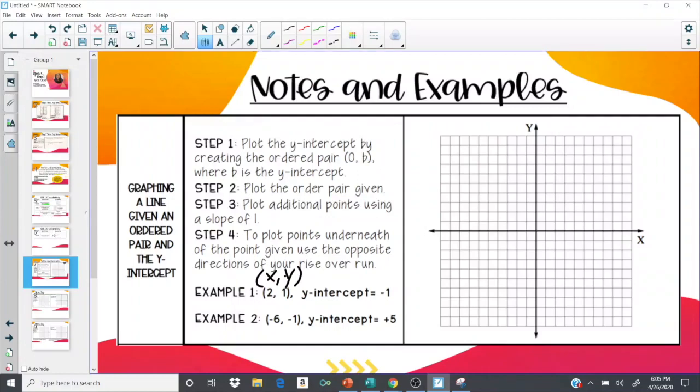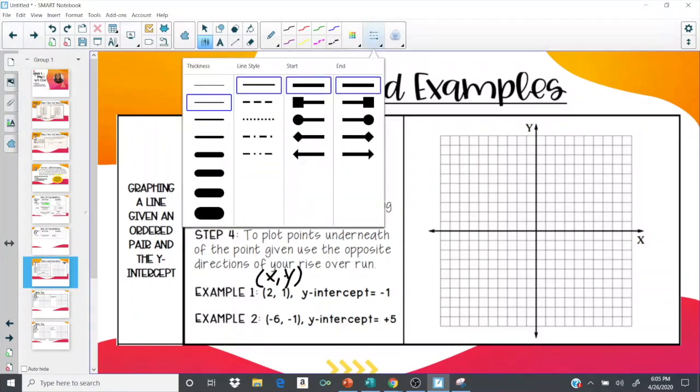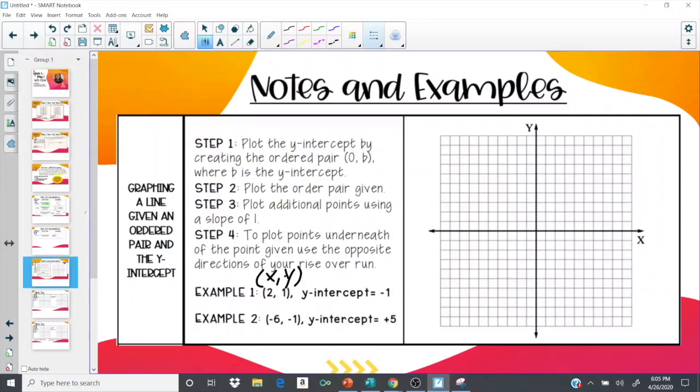So the first thing we're going to do is plot our y-intercept. Okay, so you go to the graph, to the origin, and you create the ordered pair (0, b), with b being the y-intercept. So if the y-intercept is -1, your ordered pair that you're going to find is (0, -1).